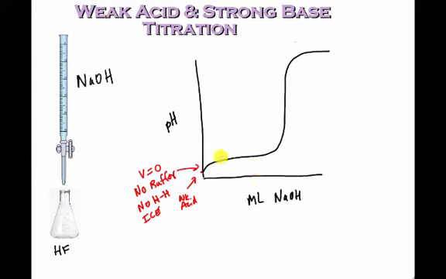Okay. Now as you go along here, think about what's happening in this reaction. Let's write the reaction down here again. HF, right, reacting with the OH minus, okay, what it's going to do is it's going to keep creating water and F minus. Now this starts off as 0.